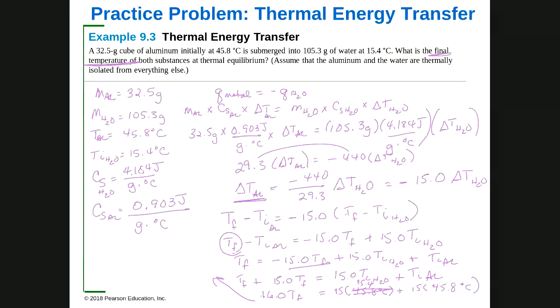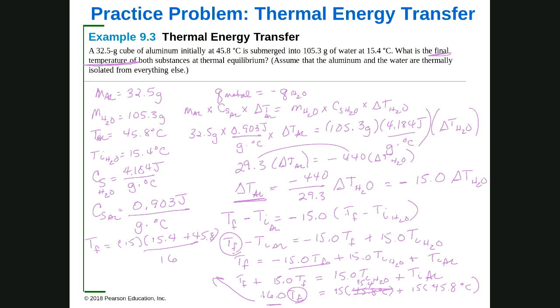So when I put that in, I'm going to get T sub F by itself, so I divide by the 16. T sub F is going to be equal to 15 times 15.4 plus 45.8, divided by 16.